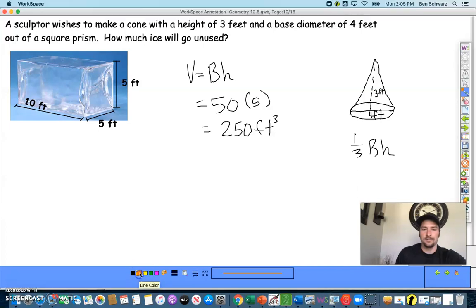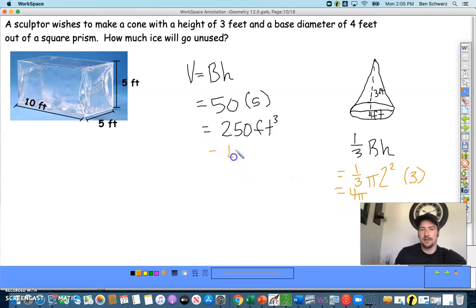So for the cone, we're going to get 1/3. Area of our base is pi r squared, which would be 2 squared, and then a height of 3. So right now I already know 1/3 times 3 is just 1. So really it just ends up being 4 pi.